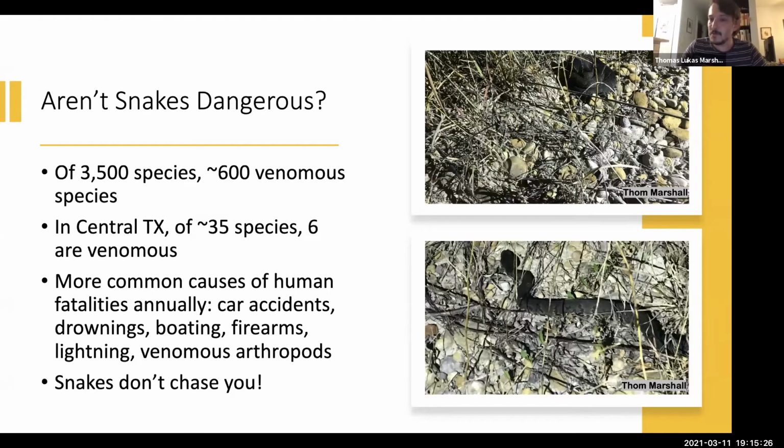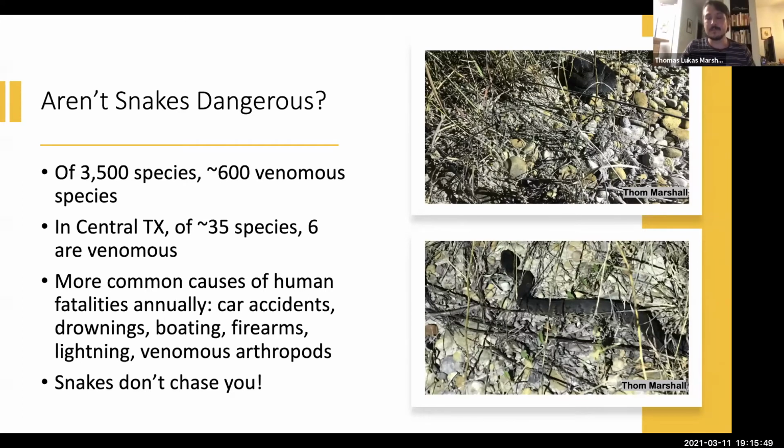I spent a few minutes taking pictures of it, and all it did in response was stay still. It tried to stay unnoticed as long as it could. Then when it started feeling uncomfortable, it moved in the opposite direction into some vegetation to get away from me. So snakes are not out to get you. They want to get away from you.